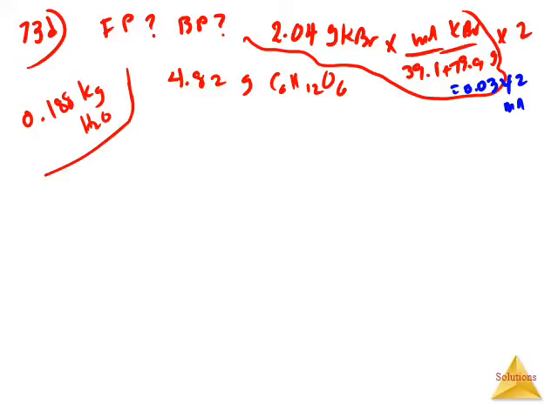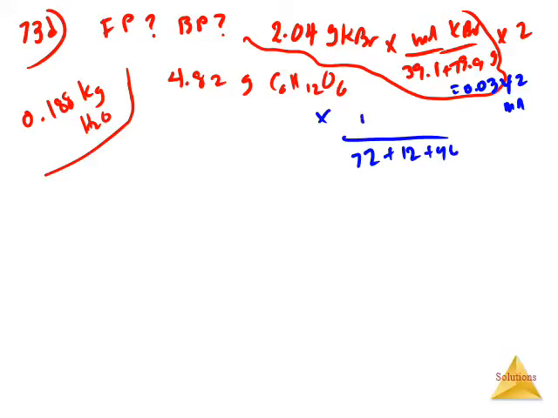Now, starting from glucose, 4.82 gram of glucose, let me calculate mole of glucose. Again, by looking at the periodic table, I can write down at the bottom you have 6 carbon, 12 times 6, that's 72. 12 hydrogen, that's mass 12. And then 6 oxygen, each oxygen 16, 96.